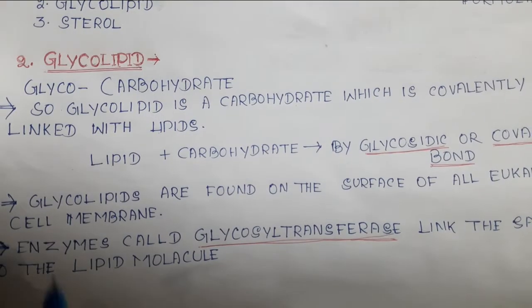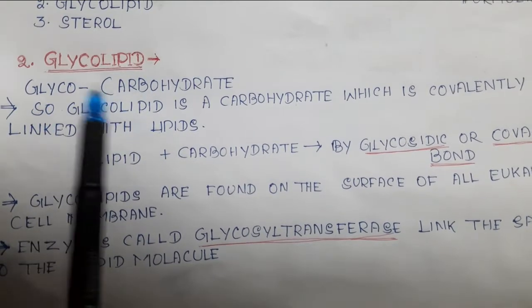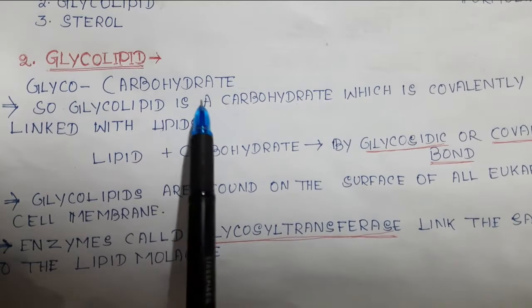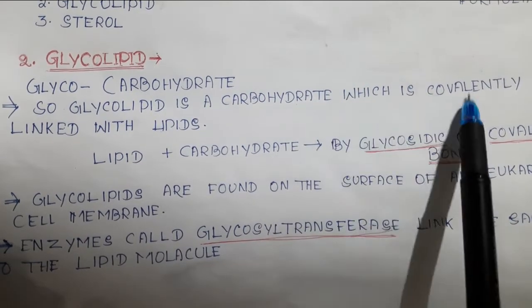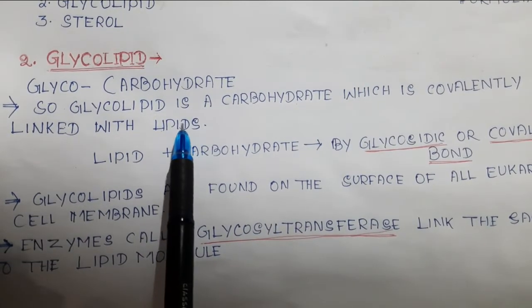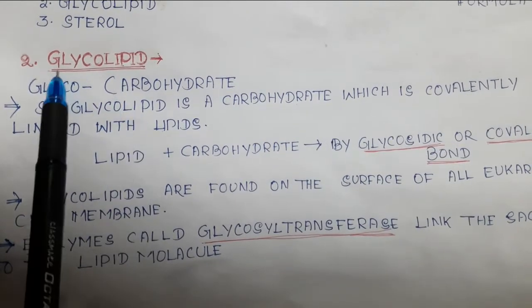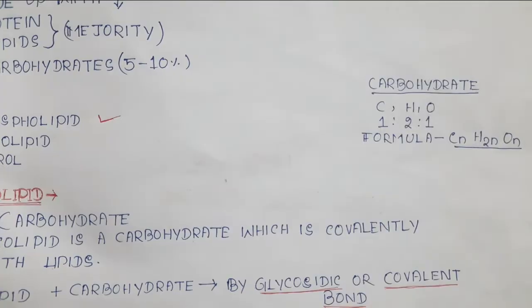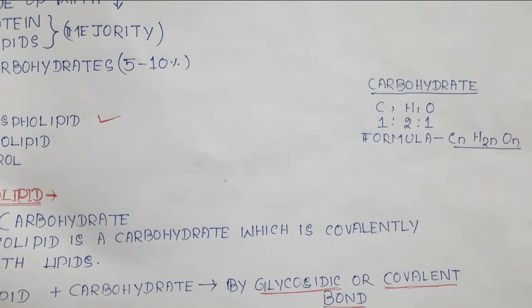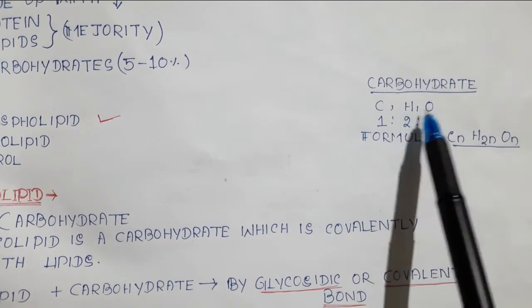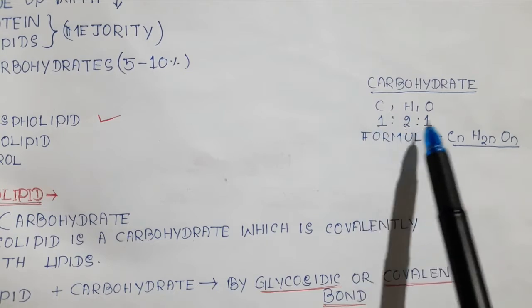So now we will see glycolipid. Glyco means carbohydrate, lipid means lipid. So glycolipid is a carbohydrate covalently linked with a lipid. If you ask me what a carbohydrate is, it is called so because the ratio of carbon, hydrogen and oxygen in its general formula is 1 to 2 to 1.